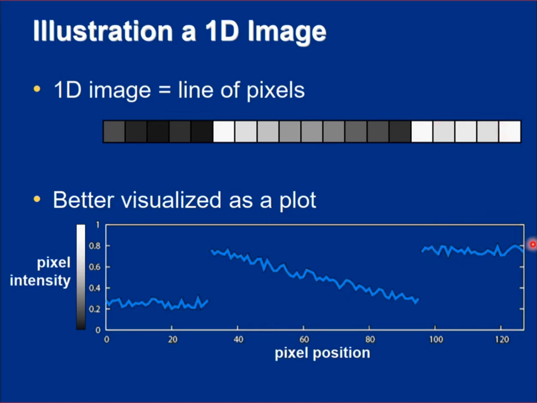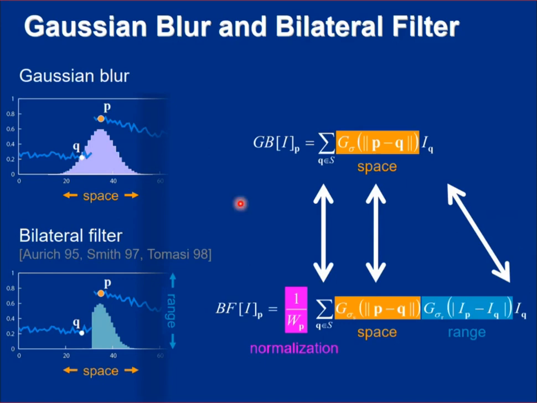Then when we apply a Gaussian filter here, this is the Gaussian filter for space, and this is a Gaussian filter for intensity. For this part, because the P point's intensity is high, and the Q point's intensity is low, the difference is large. Then the weight here becomes very small.